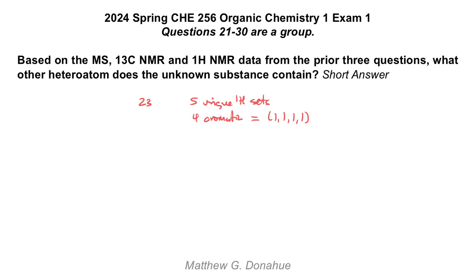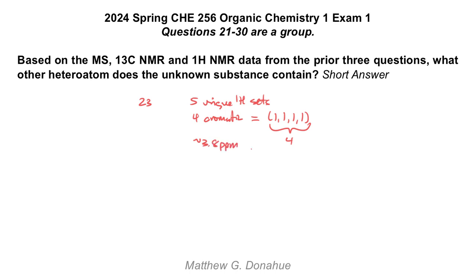So there's 4 total there. So you can see you have one more unique H set, but that's not going to give you a whole lot of hydrogens for this. So that other set was approximately 3.8 ppm.